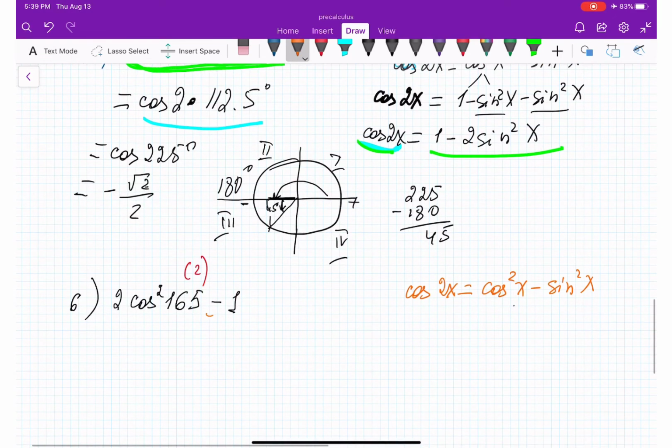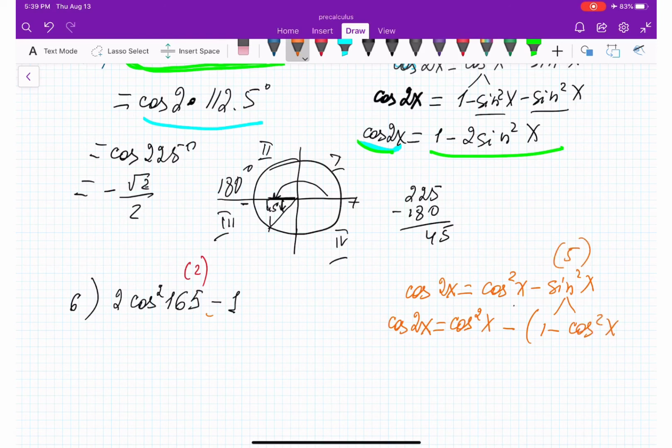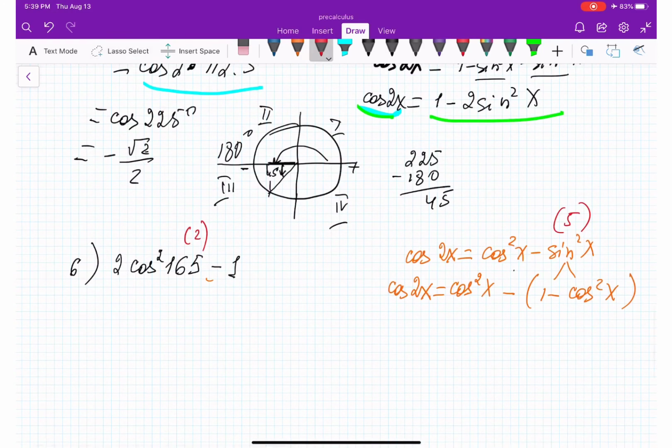Which means the sine squared is going to equal cosine squared x minus, instead of sine squared x, I'm writing down 1 minus cosine squared x, which is formula 5 I am applying, right? Okay, so I'm trying to move everything to cosine because I have 2 cosine squared 165.